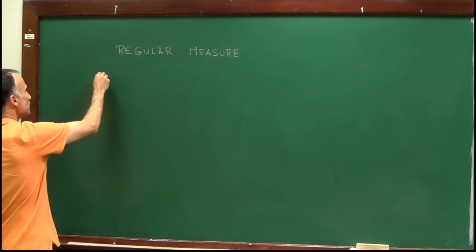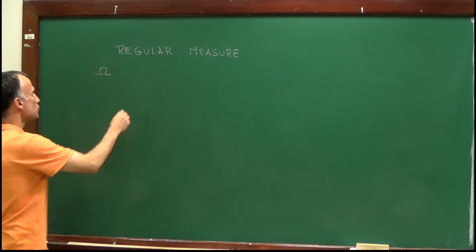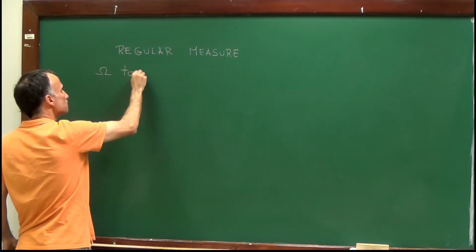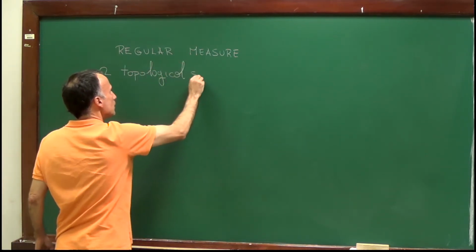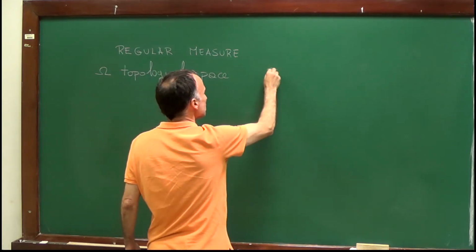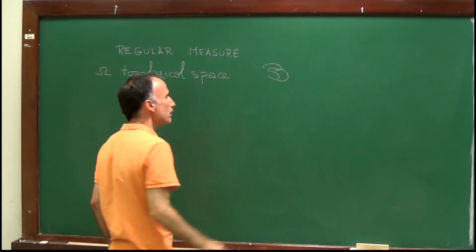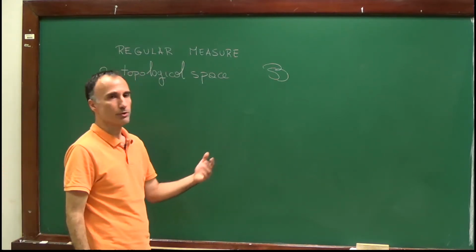I'm assuming from now on that omega is a topological space, and I'm representing by B, for Borel, the smallest sigma algebra which contains all open sets.